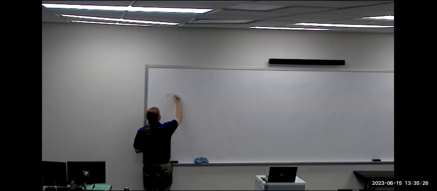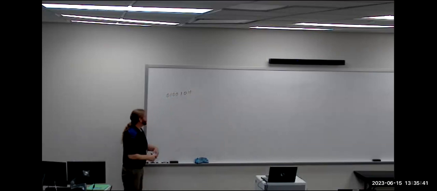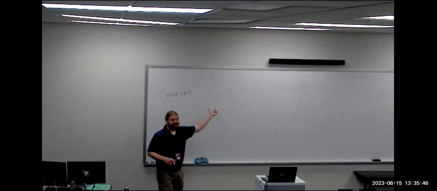Say we had this data, 0, 1, 0, 0, 1, 0, 1, 1. What is that? That's the number 75. We want to transfer this, so we've got these 8 bits. We're going to talk about that next Tuesday.